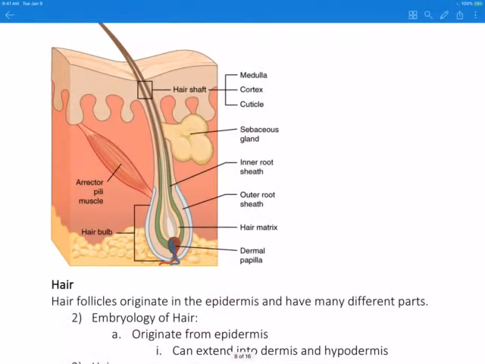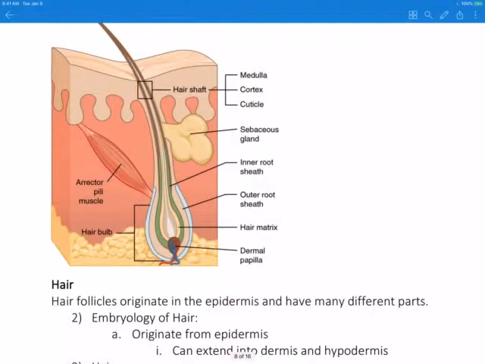Even though the hair itself is not a sensory receptor, there is sensory innervation by a hair root plexus that surrounds the base of the hair follicle. And so it makes the hair sensitive to movement.